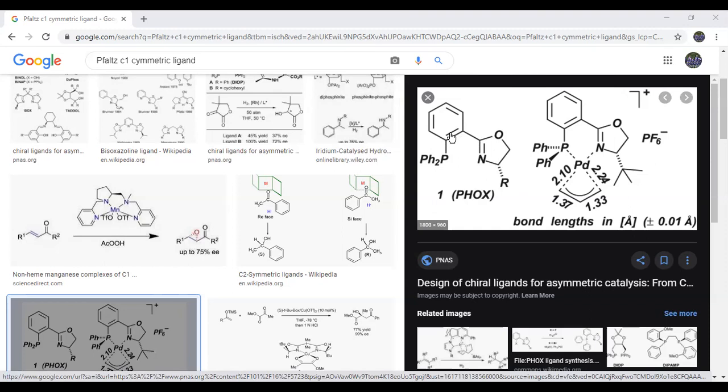But the ligand works. These Fox ligands are very good for an array of different reactions. So you have C2 symmetric, C1 symmetric, and let me go back to here.